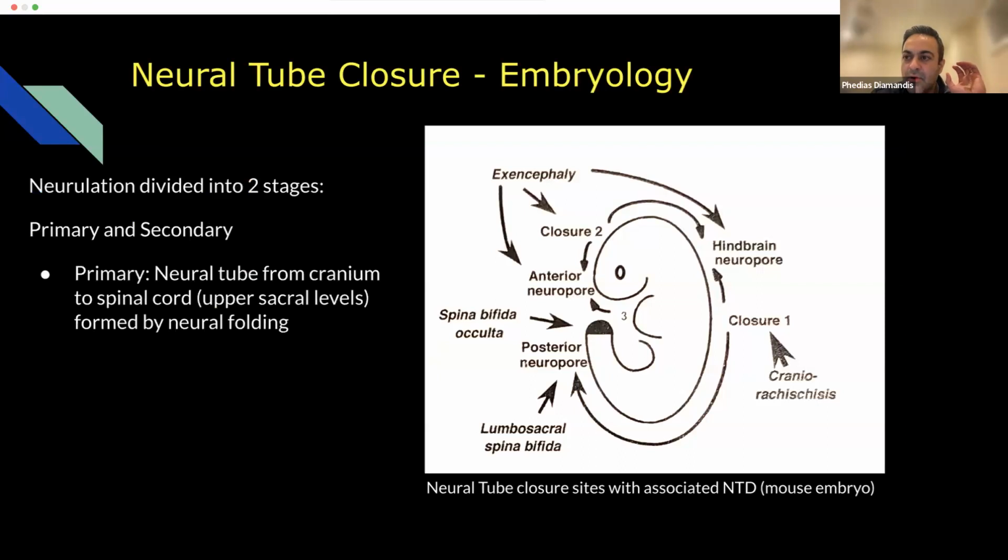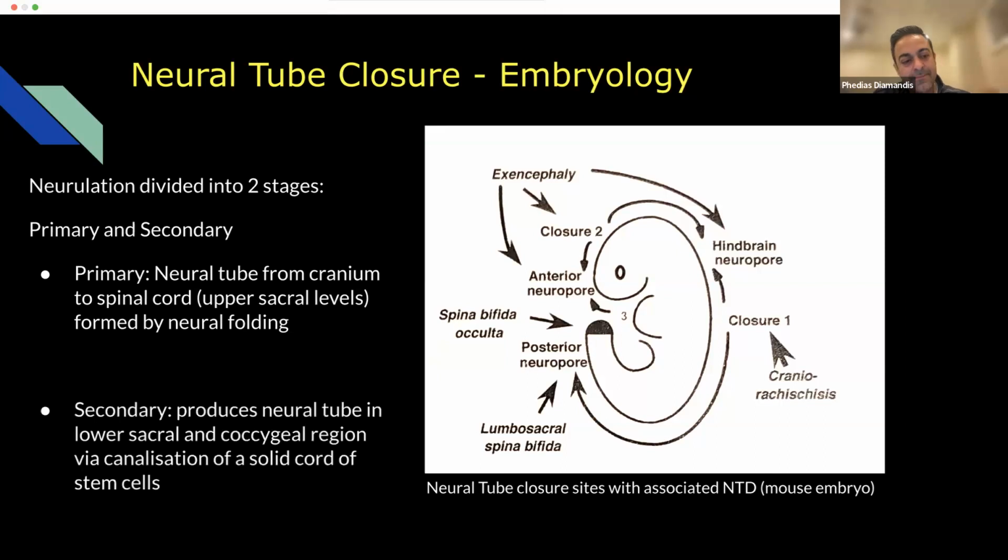So neurulation is actually divided into two steps. There's primary neurulation, which is the one that you see most often in textbooks when you Google what neurulation is. This is really just the neural tube folding and then fusing to form the neural tube from the neural folds and neural groove.